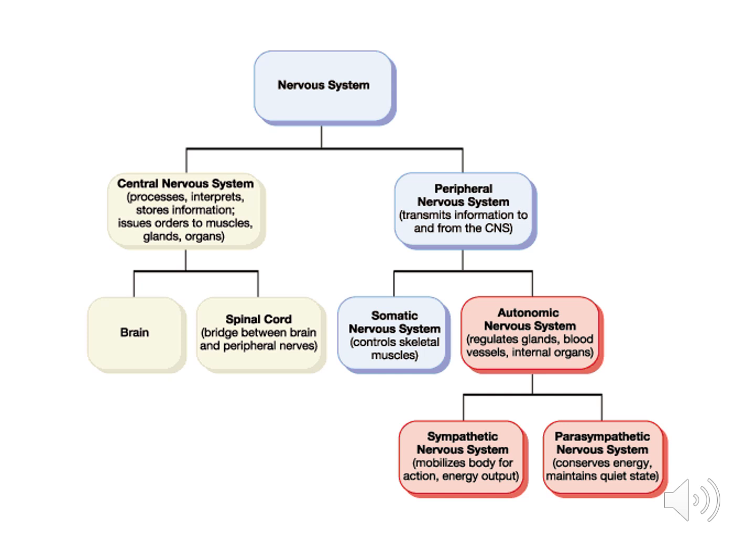Now we divide the somatic nervous system into the afferent or sensory pathways and the efferent or motor pathways. And we divide the autonomic nervous system into the sympathetic versus the parasympathetic divisions. Now, we've actually learned quite a bit about how the sensory, motor, and autonomic aspects of neural function work.